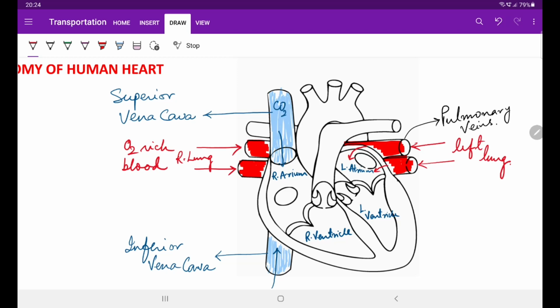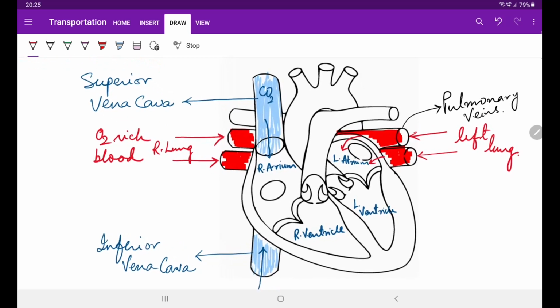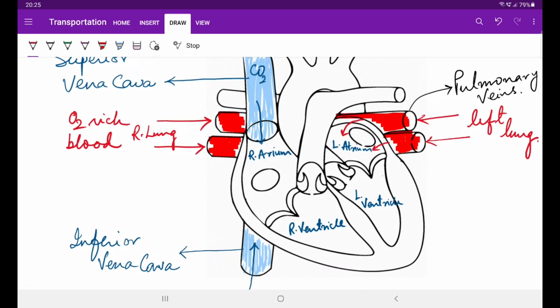Both the atria are connected to their ventricles with the help of valves. The valve present between the left atrium and the left ventricle is called the bicuspid valve. And why is this called the bicuspid valve?